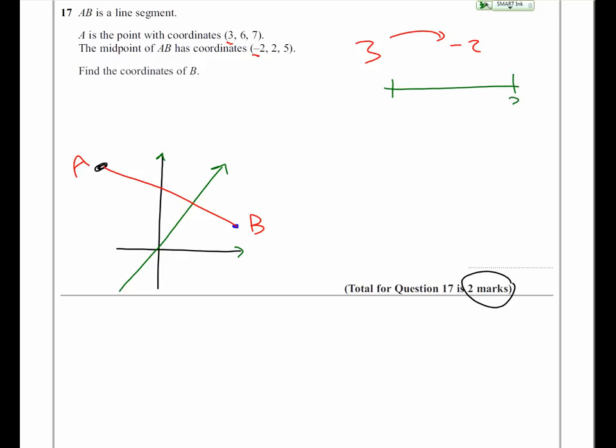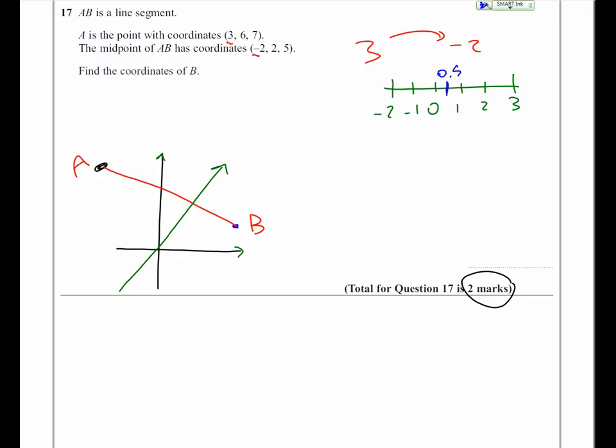You've gone from 3 to minus 2, and you want the middle. So you could count back and think, well, the middle of 3 and minus 2 is going to be, actually it's going to be halfway, half there.